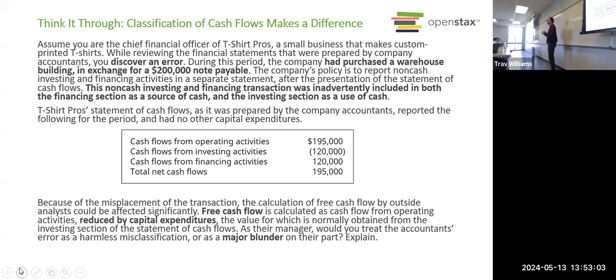And if we thought we had spent $200,000 on buying a building, that would have reduced that from $195,000 down to negative $5,000. But that would have been completely wrong because we didn't spend any cash on that. So it would completely throw off our free cash flow.